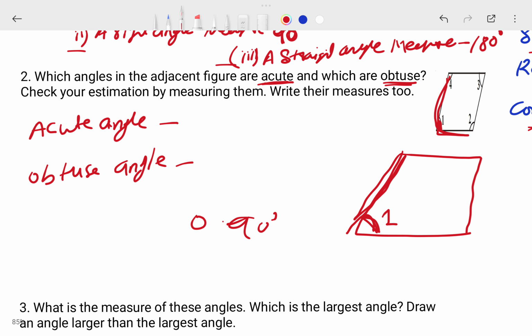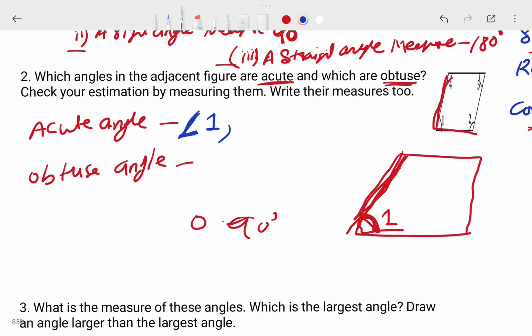This figure 1 is less than 90 degree. So this is our acute angle. So angle 1 is our acute angle. You may have a doubt like this. This symbol represents angle. So angle 1 is our acute angle.